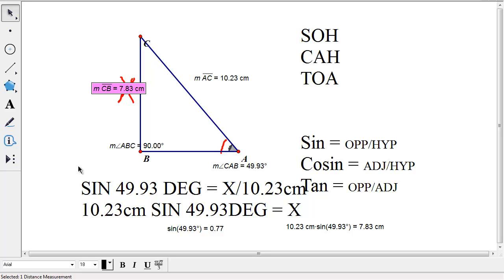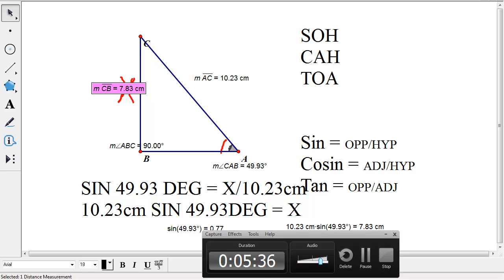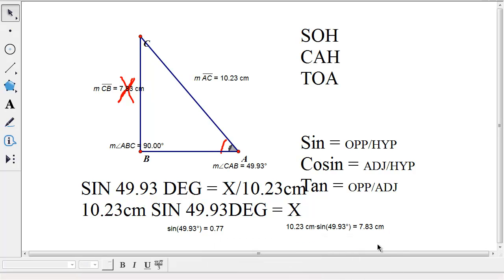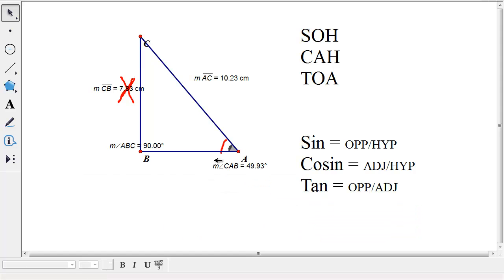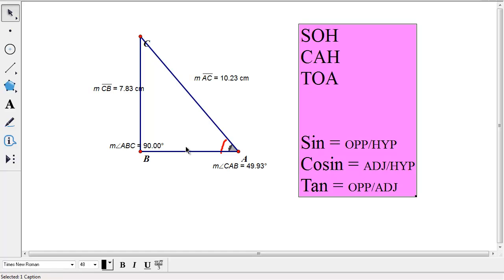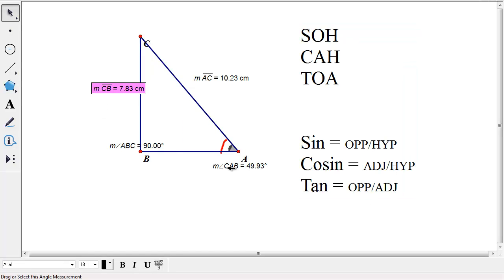So that's how you use the sine function. Then maybe in the next video I'll show you how to use the tangent function, but they should be pretty much self-explanatory. For tangent, we've got the opposite, but we need the adjacent.